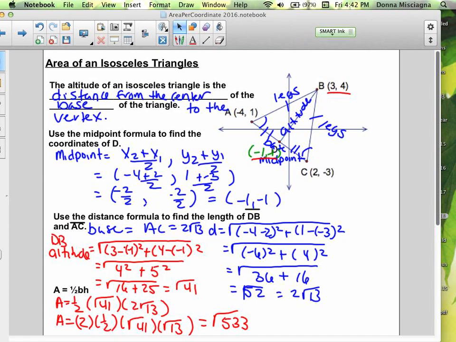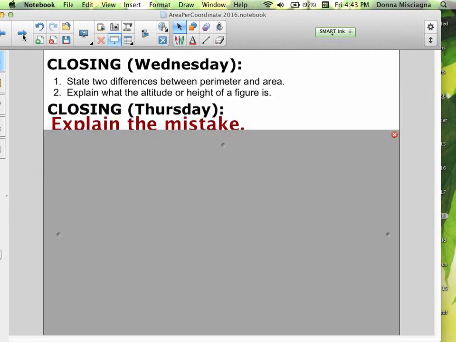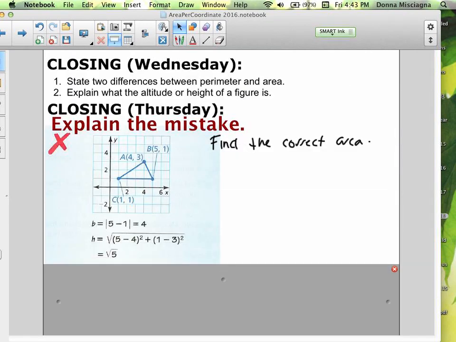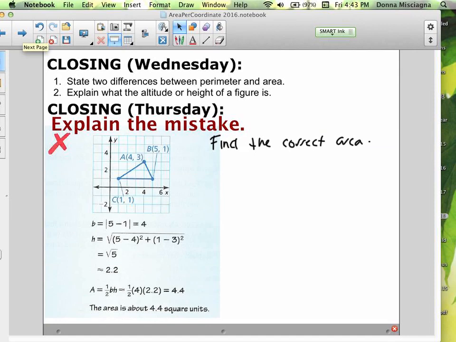And hint, it might be on a homework and it might be on a test. All right, so we are basically done with this lesson, except I want to show you the closing. So you had 2 closings for this week. Some people made a mistake and they did part of Thursday's when they were supposed to do Wednesday's. Make sure you've answered these 3 questions. Right?